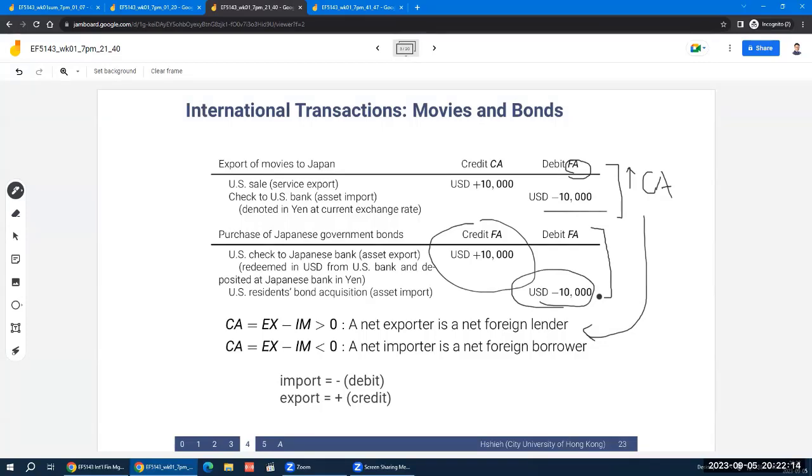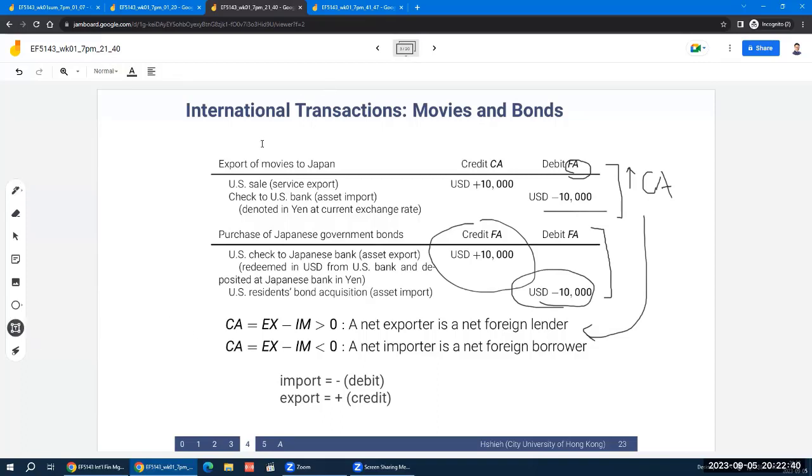If the bond pays coupon payments, right, interest payments, that's ultimately going to show up on the current account. But I didn't show it here because it's a single transaction. But if the bond emits interest payments over time, that should be added to the current account. That's not an important detail. I won't test you on this, but that's just to be complete in my definition of the current account.